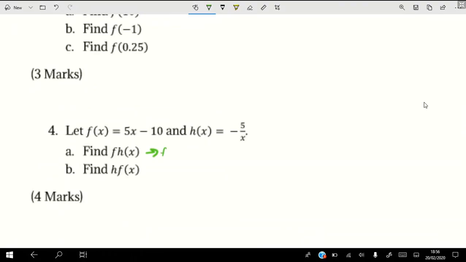So it's going to be f(h(x))... 5 times minus 5. So ultimately it will be minus 25 over x minus 10.